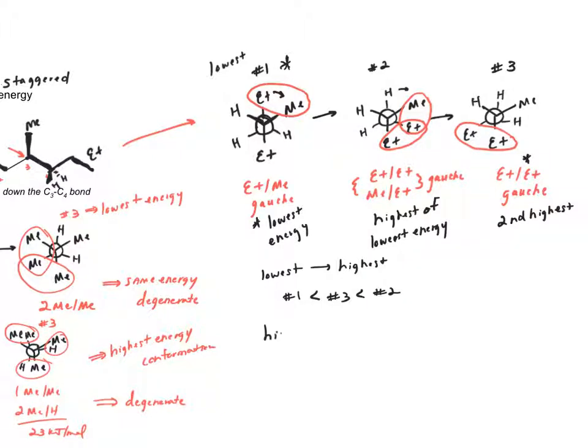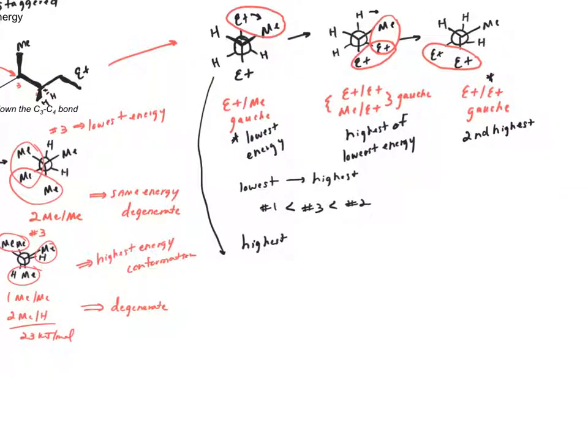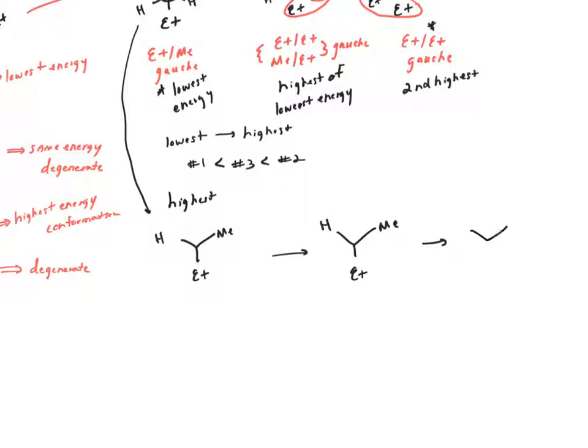So then if we're looking at highest energy interactions, we're going to be moving into our eclipsing conformations. And I'm going to go ahead and draw my framework here. So I've got ethyl, methyl, hydrogen, rotate. We've got ethyl, methyl, hydrogen, rotate. And we've got, again, ethyl, methyl, hydrogen. So now we're just going to rotate that back carbon.